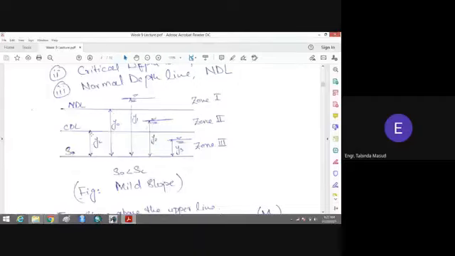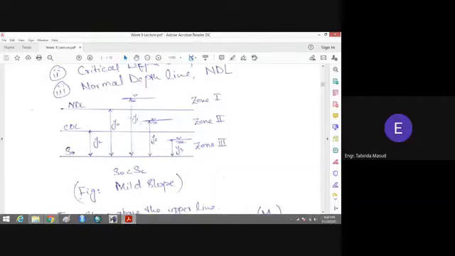We will say that the flow is in zone number 1, and we will represent this flow by M1, where M stands for mild slope, because we are going to discuss the case of the mild slope. So M is the mild slope, and 1 means it is in zone number 1.